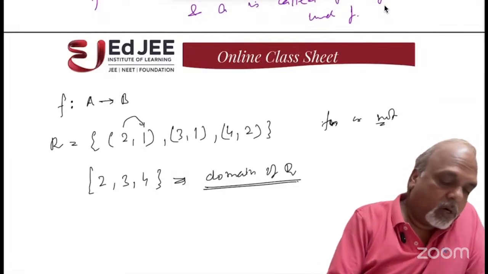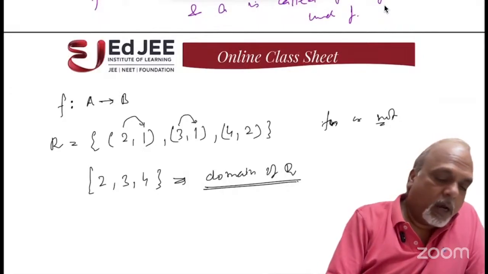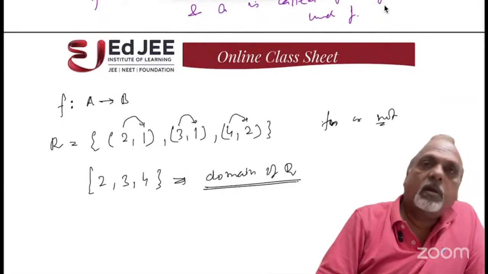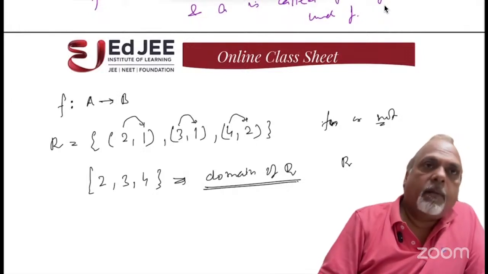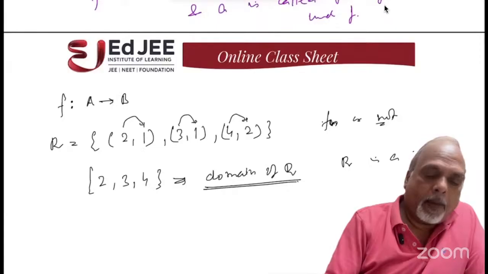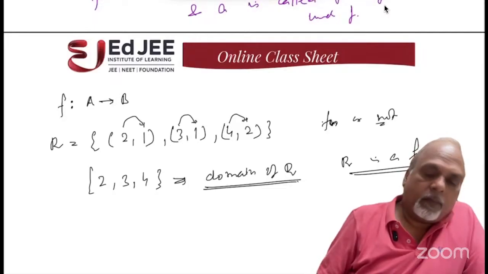Then 3 has got a unique image and 4 has got a unique image. So that means R is a function. Correct?